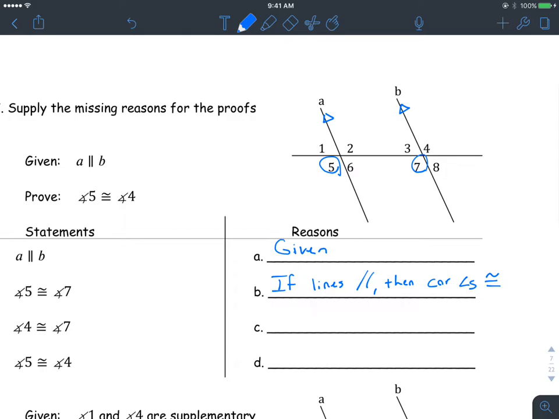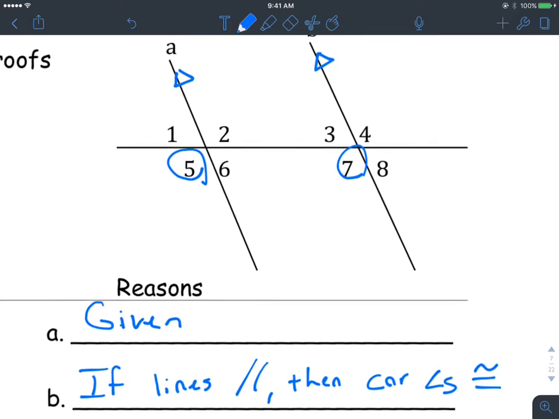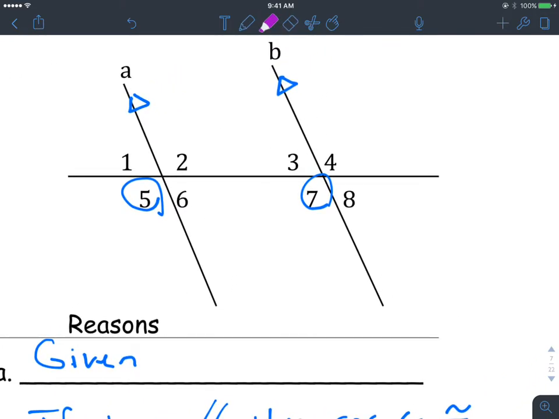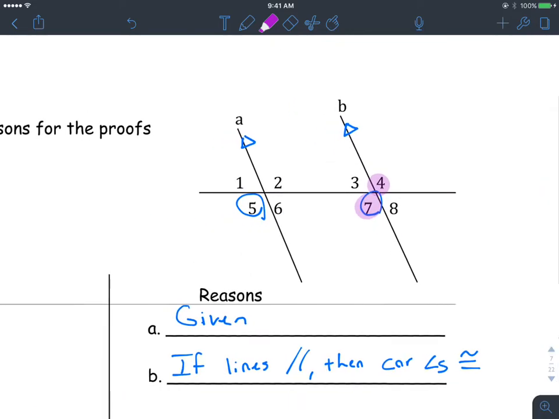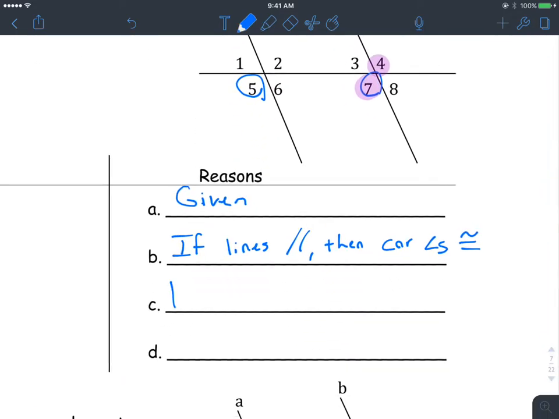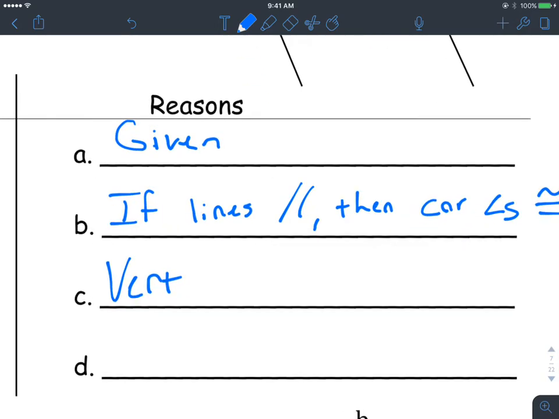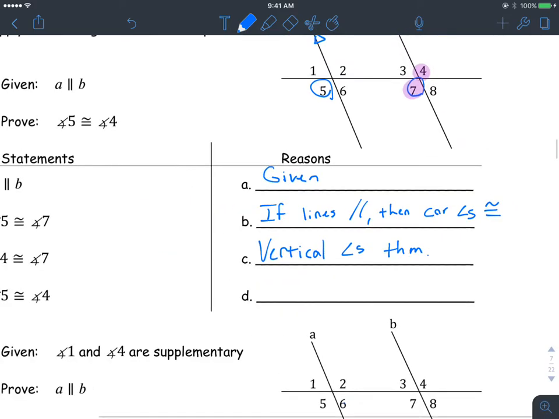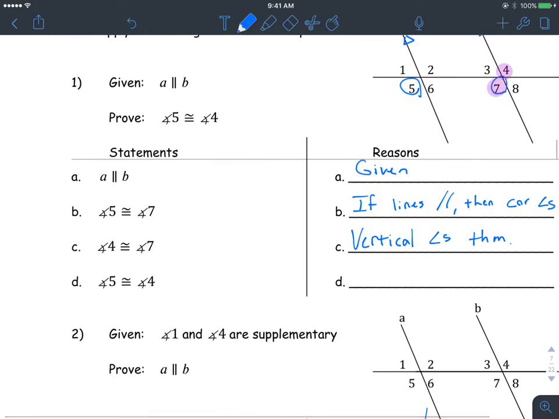Now we also know that 4 is congruent to 7, so we need to go up here and look and see why that is. Oh, okay, so 4 and 7 right there, those are vertical angles, so we can use our vertical angle theorem. Which, remember, just says all vertical angles are congruent. And then check this out.